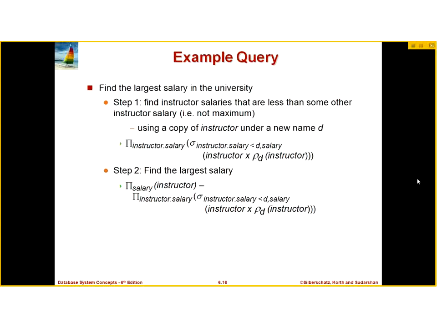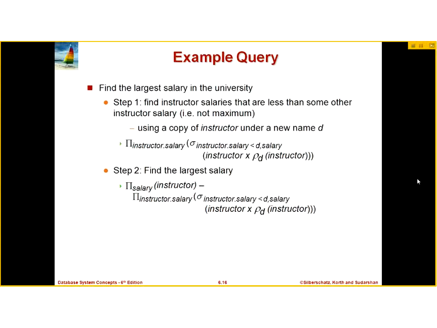The queries can appear like this. For example, you want to find the largest salary in the university. First you have to find instructor salaries that are less than some other instructor salary, which is not the maximum. So you can use a copy of instructor under the new name D, and you can perform selection in this way, and after doing this you can find the largest salary.